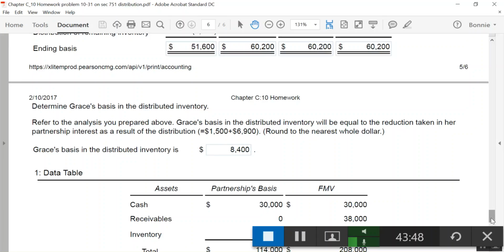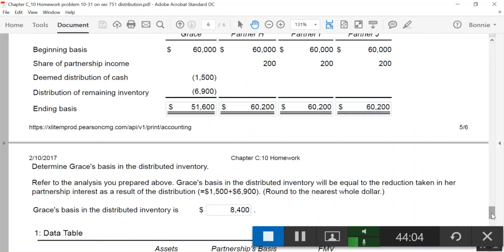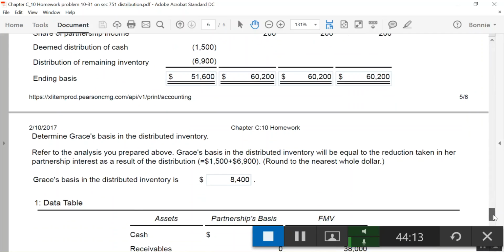Essentially you give her a basis equal to the sum of her deemed distribution of cash plus the inventory. That's the basis she takes in the actual distributed inventory that she gets. Which kind of makes sense, right?